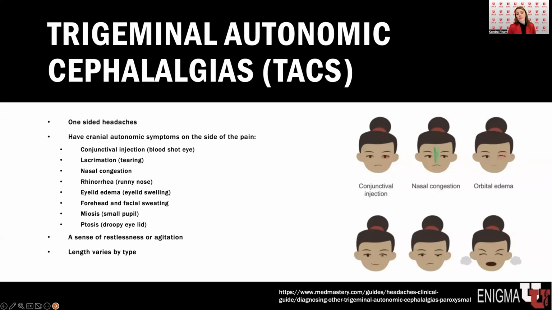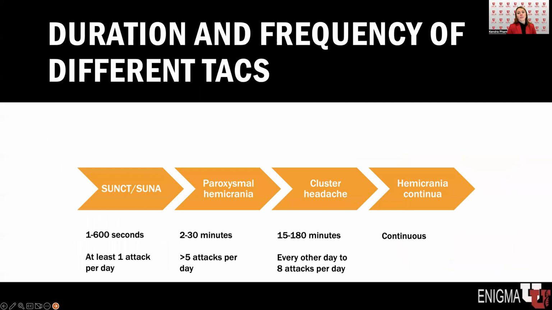There also comes with these headaches a sense of restlessness or agitation, and the different types vary based on their length and frequency. So the different duration and frequencies of these attacks are shown in this graphic. There's one called SUNCT and SUNA that tends to be about 1 to 600 seconds long, and there is at least one attack per day with this type of headache.